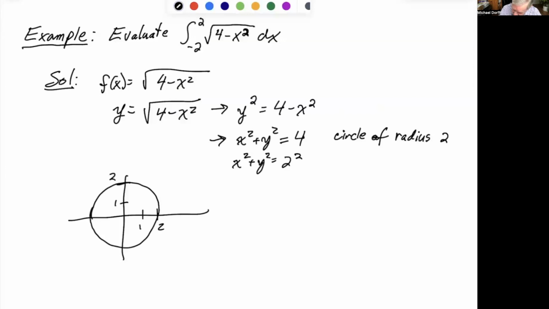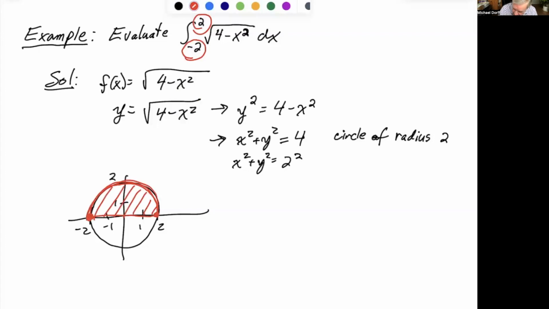Okay. And then what do these limits here of -2 and 2 mean? Well, it means that I am doing the area from here, -2 to 2. So we're doing this. And we're trying to find this area right here. Now, you might say, why do I pick the upper hemisphere, the part above the x-axis and not the part below the x-axis?